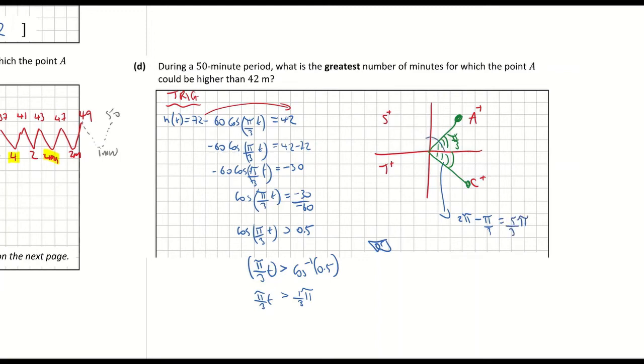So that's the angle from here to here, basically. That's 5 over 3 pi. So I have pi over 3 times t is greater than 5 over 3 pi.